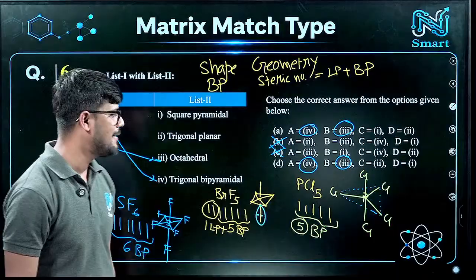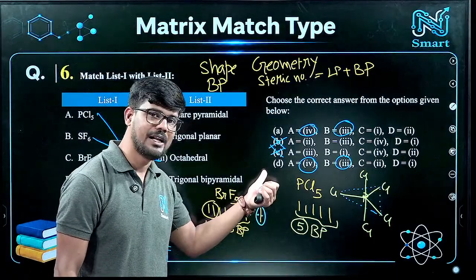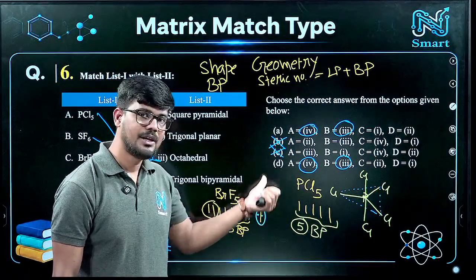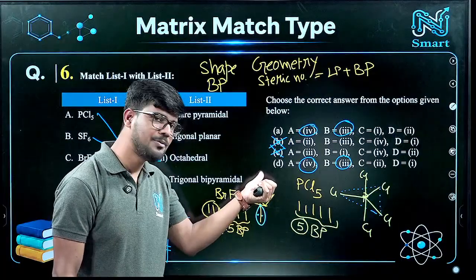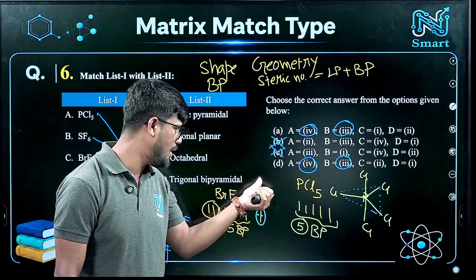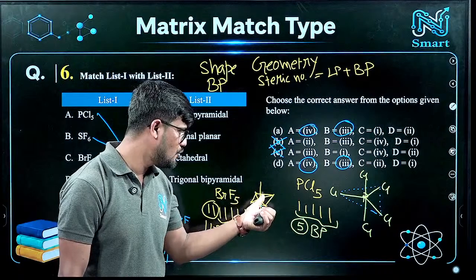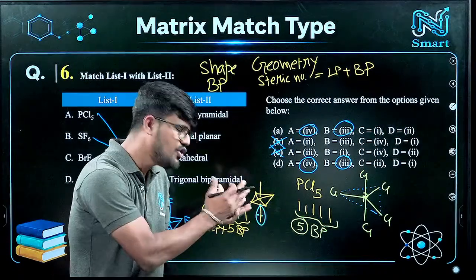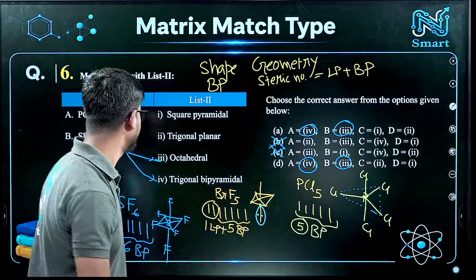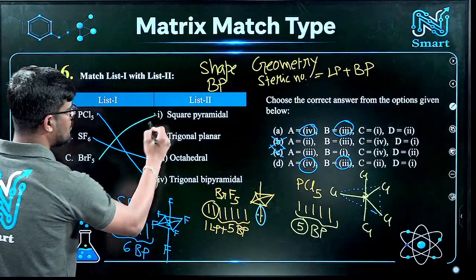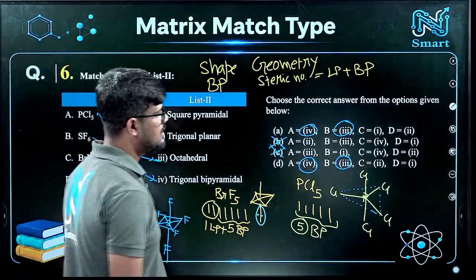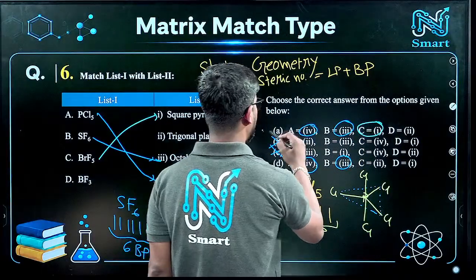So it looks like square pyramidal, right? We have a square planar base, and above that we have 1 fluorine. So the whole geometry is called square pyramidal. So BrF5 is square pyramidal. C with 1. So by default we got answer A.